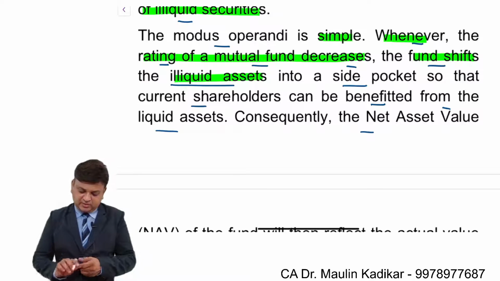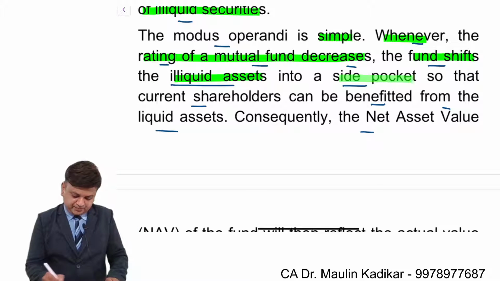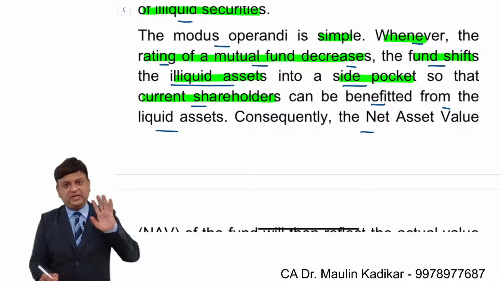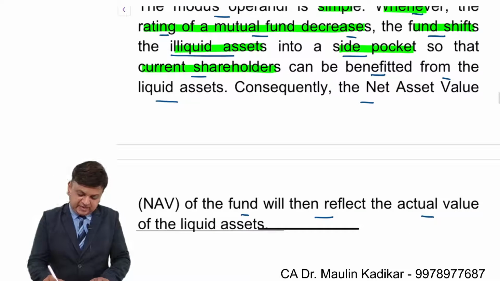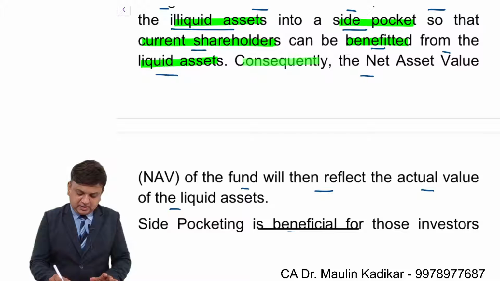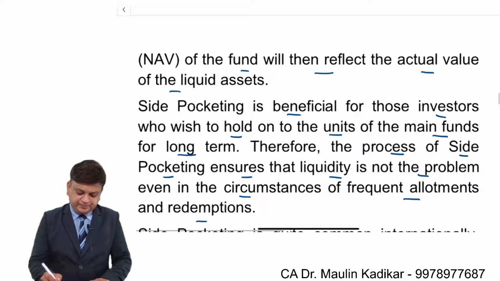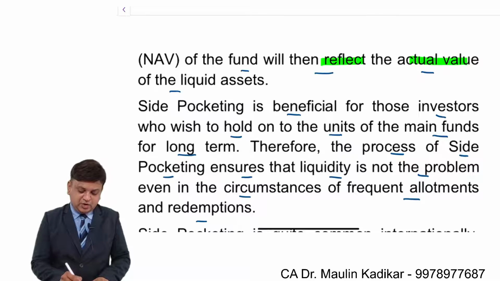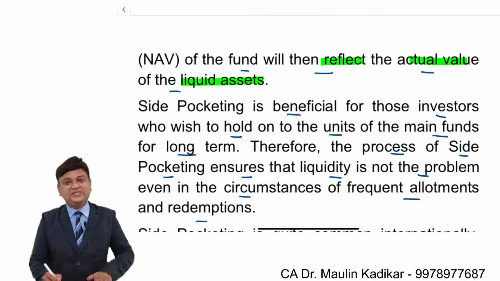You have to understand this, so that current unit holders, Mr. P in our example, can benefit from liquid assets, that is 8 lakhs. Consequently, the net asset value of the fund will then reflect the actual value of the liquid assets, that is 16.